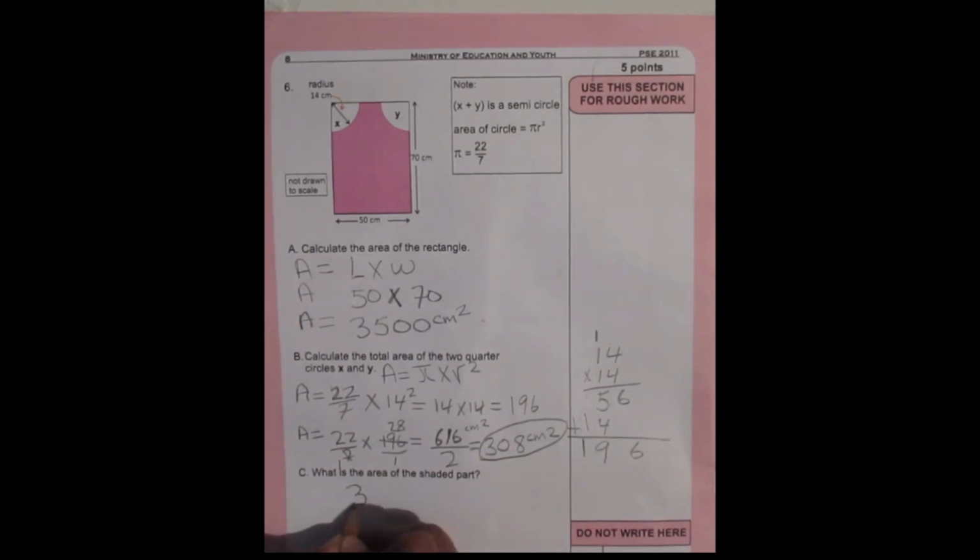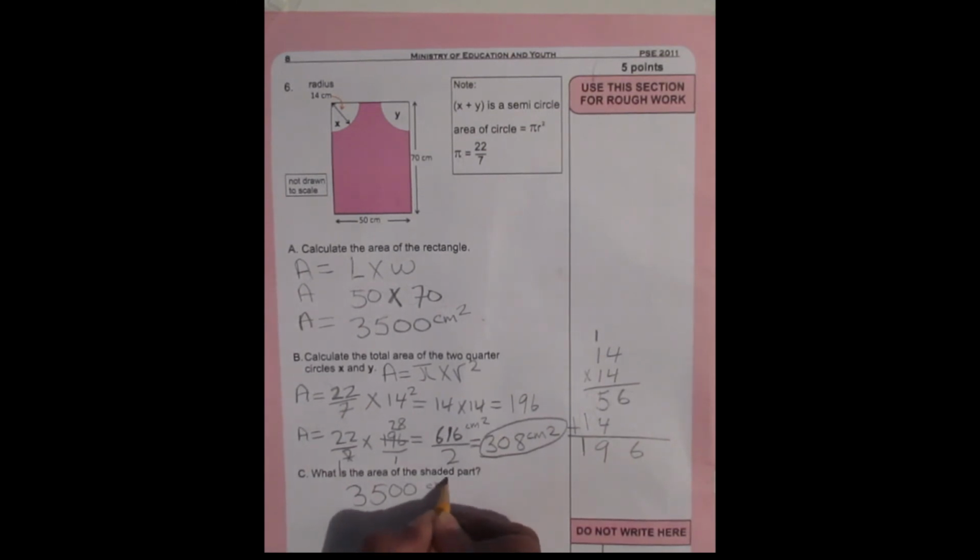Then we want to go into the final part of the problem. It says C, what is the area of the shaded part? And if we see, this rectangular part is shaded, but the 14 centimeters at X and Y is not shaded. So we want to find everything except X and Y. And remember, when we found the rectangle part that is shaded, it was 3,500 centimeters square.